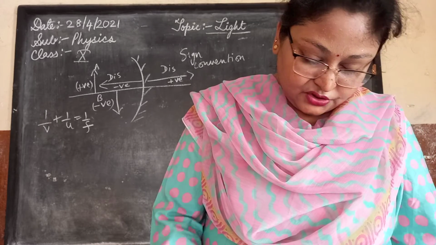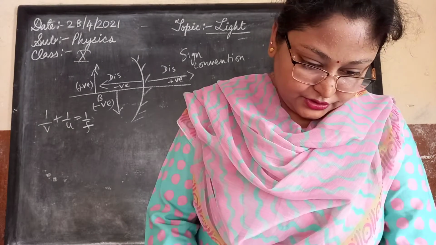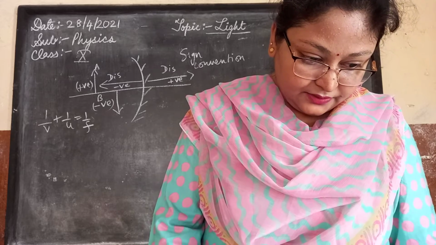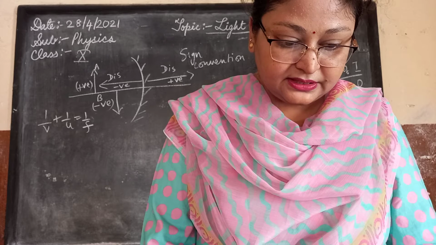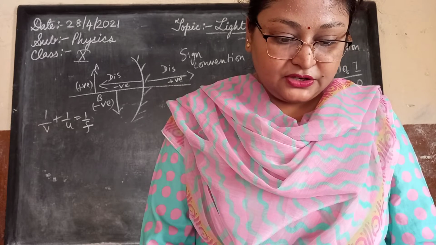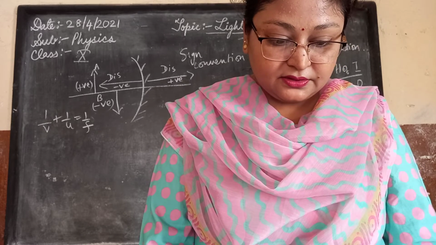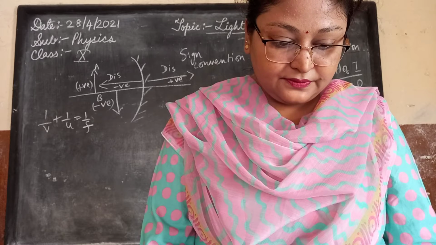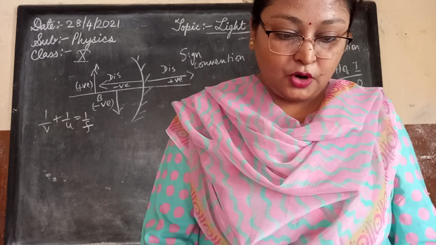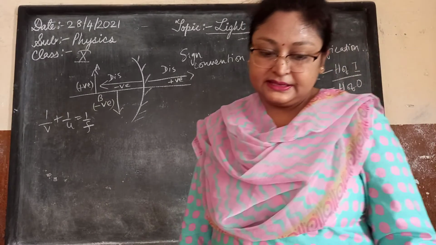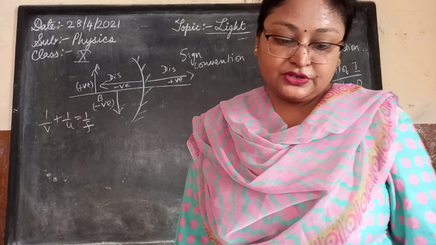In the case of a concave mirror, there is a position in which we get the enlarged image of an object, that is between the center of curvature and the focus. This is the proper setting which we get in the case of question number 2.